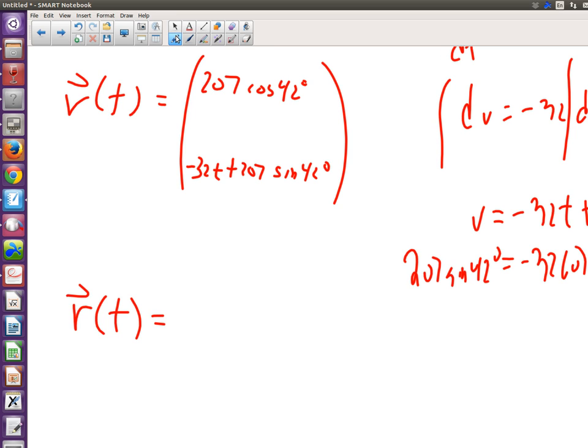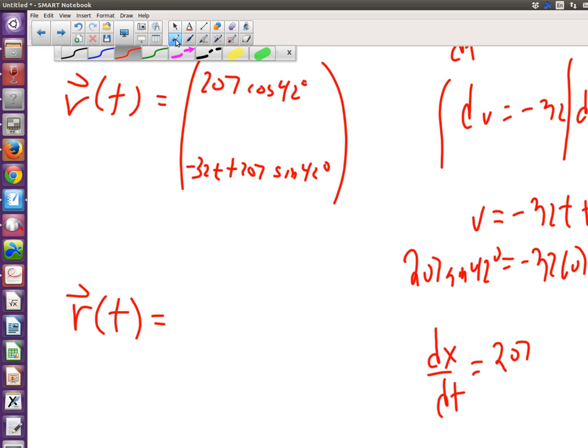Well, this is dx/dt up here, right? So dx/dt is 207 cosine of 42. I'm breaking it up into horizontal and vertical, so it's x and y components, right? So 207 cosine of 42 degrees. What do you do to get x?